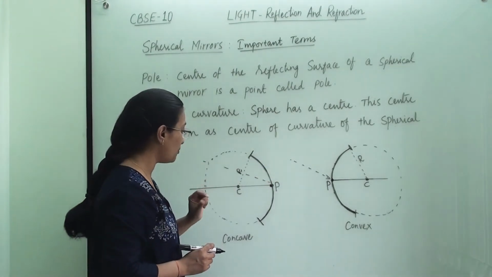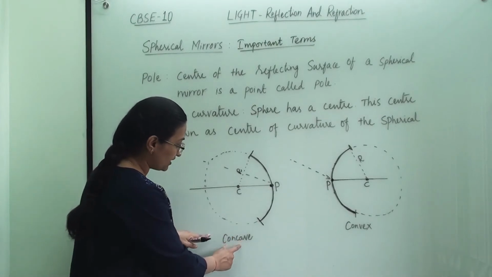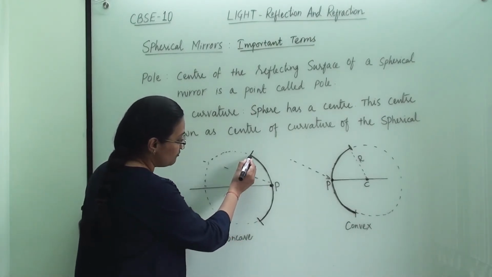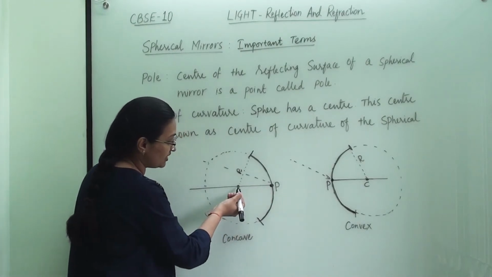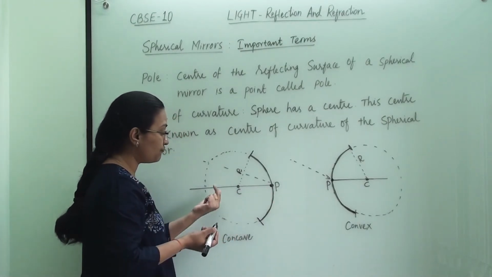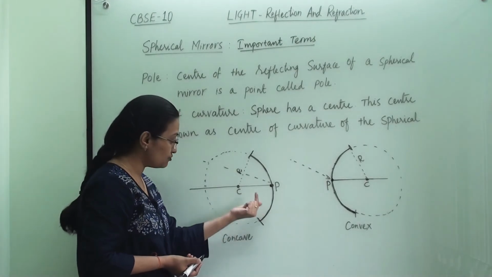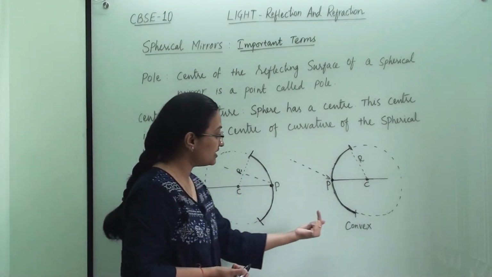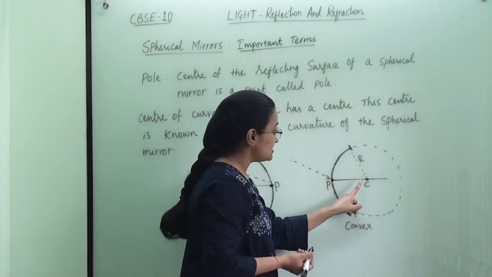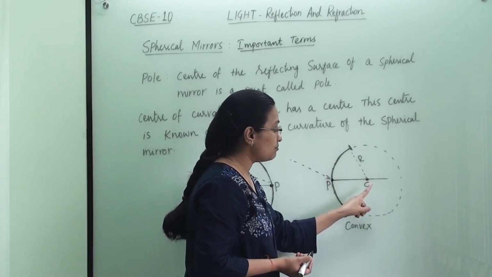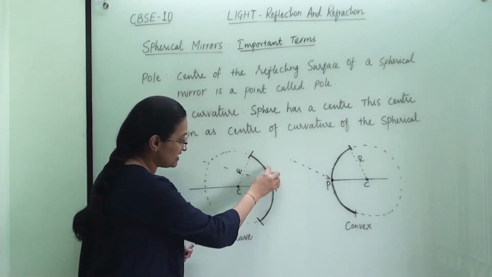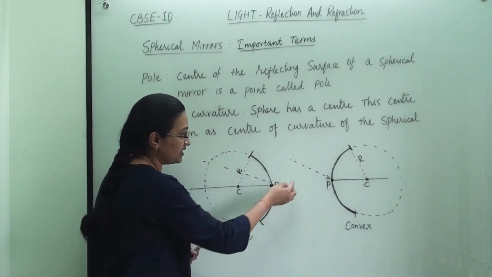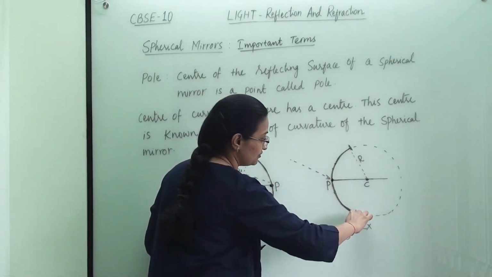Now the important point is that in the concave mirror we are using this surface, so the center of the curvature is just before the mirror. Whereas in the convex mirror, the center of the curvature will lie behind the mirror, because here we have selected this portion of the sphere as the mirror.